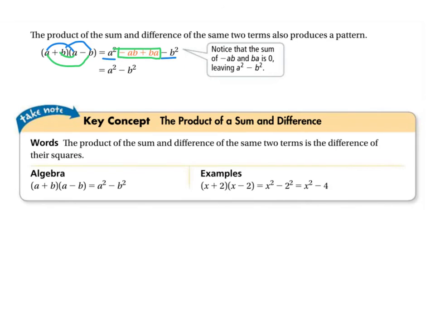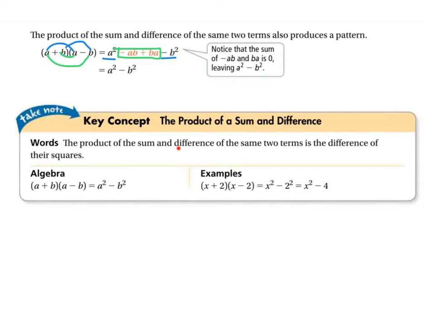Let's see what the rule is here then. Product of the sum and the difference, meaning the sum part means we had plus there, and a difference, meaning we have subtraction there. One is positive, one's negative in the middle, okay?